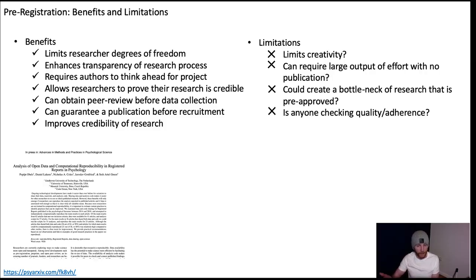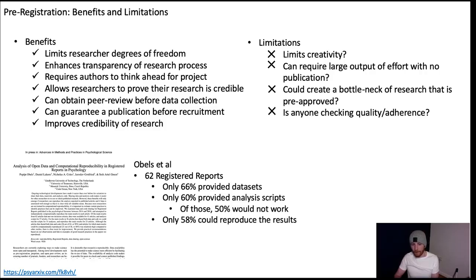So for example, Daniel Lakens again has a preprint that you can read, the link is at the bottom of the slide, where he looked at 62 registered reports, and he basically found there was some variation in terms of how many papers had uploaded their data sets, how many uploaded their analysis scripts. You are all the first cohort to be learning to use R. And what that lets you do is you can actually upload your analysis script, so everyone should, in theory, if you give them your data, be able to absolutely reproduce your results.